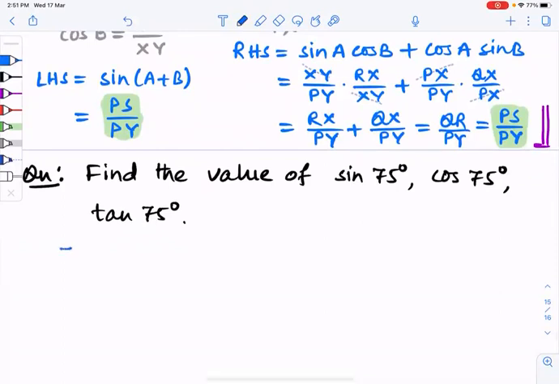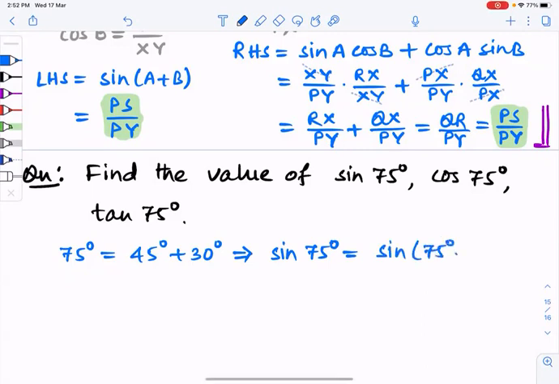We know that 75 degree can be written as 45 degree plus 30 degree. These two angles are known to us. I mean, we know their values. So we can just apply sine on both sides, and I will get sine 75 degrees is equal to sine of 45 degrees plus 30 degrees.